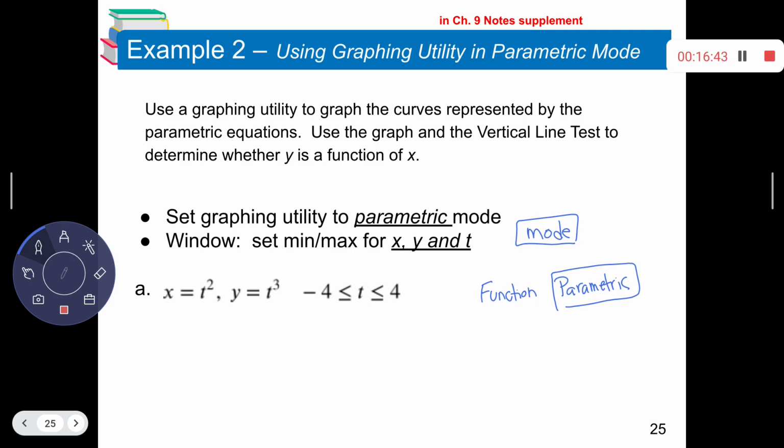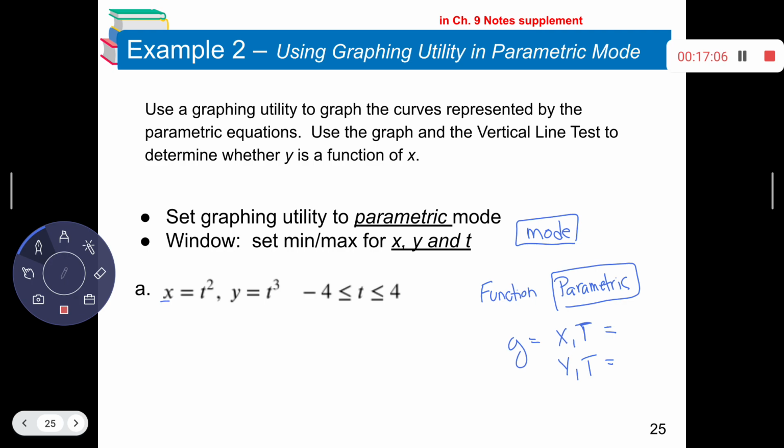And then if you go to y equals, like you're going to graph, you'll see that it has it set up for you to put in your x function and your y function. So it sets it all up for you to put in 2 functions. So again, mode parametric.